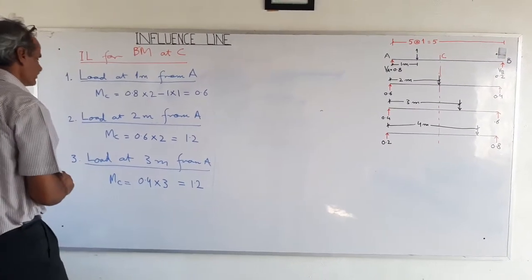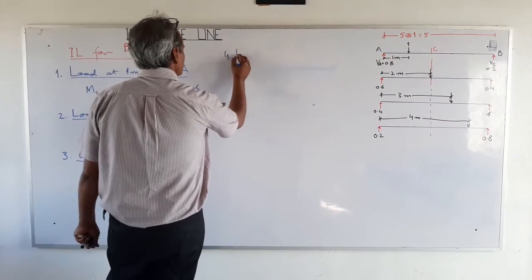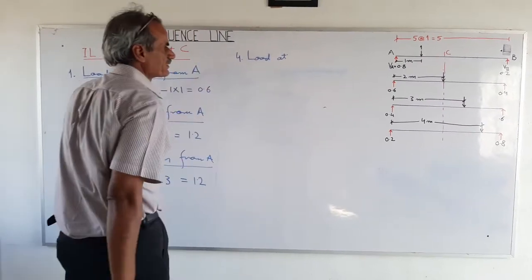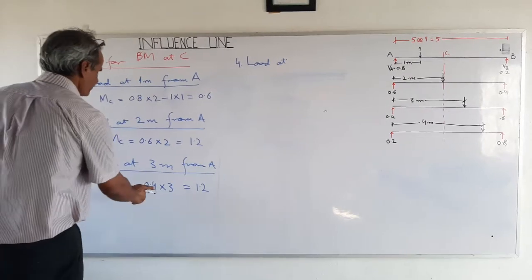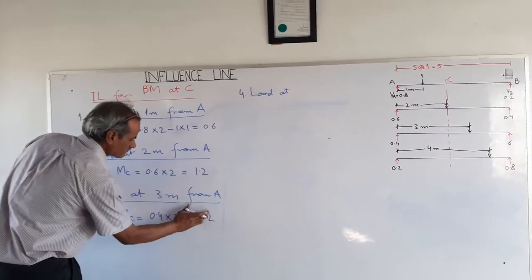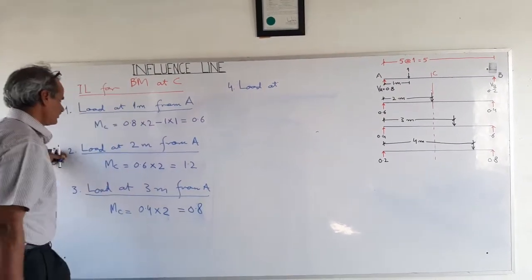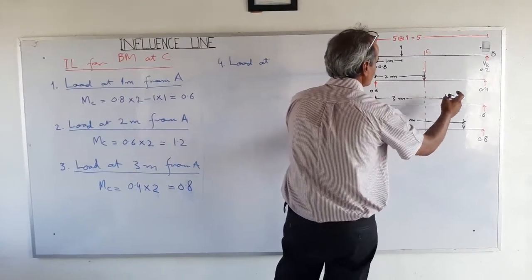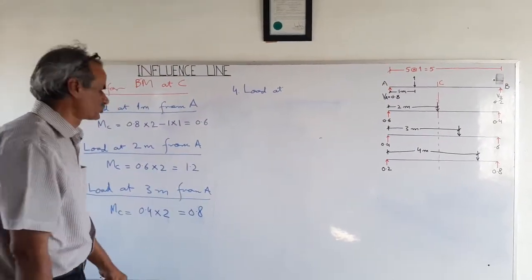Again, now we go for the fourth case, that is load at, over here we have made a mistake, the moment arm remains 2. It will be 0.8 because we are taking moment at C. Although the load has moved 1 meter ahead of C, but the moment arm at C remains 2.